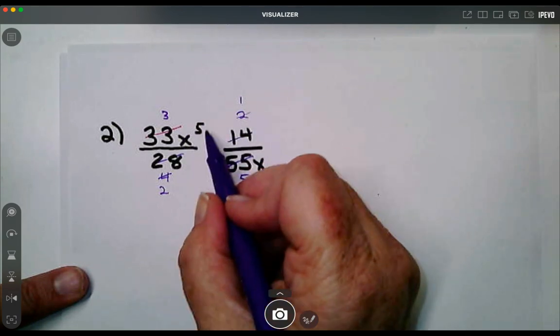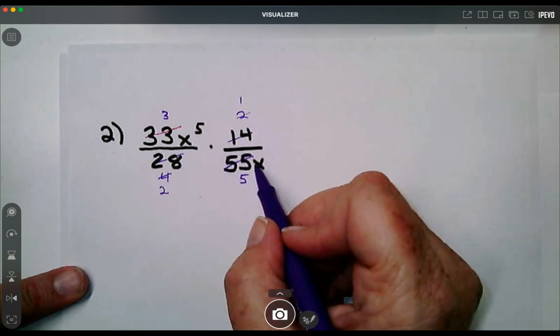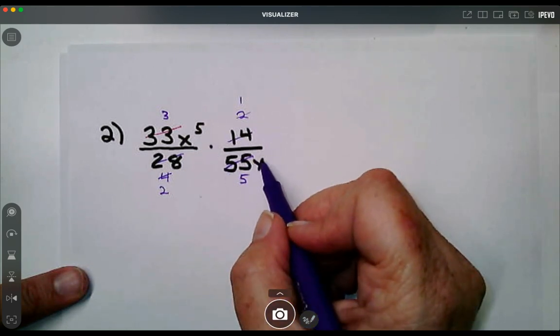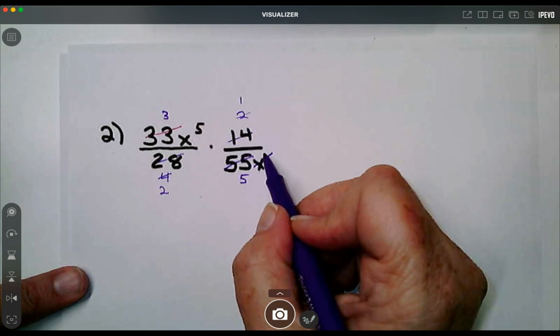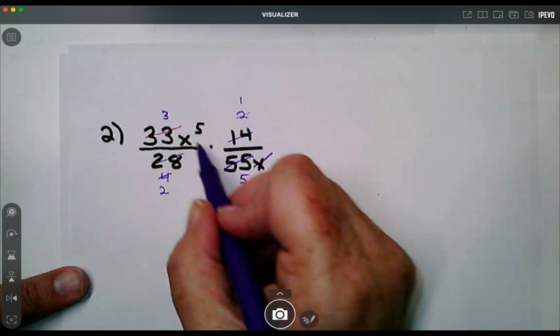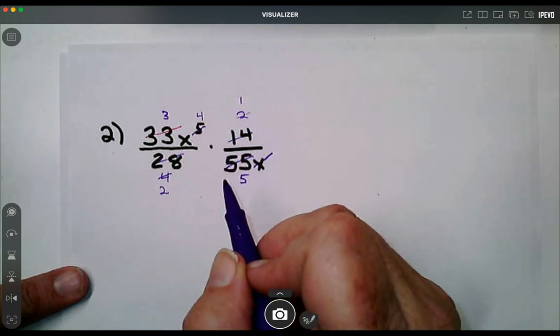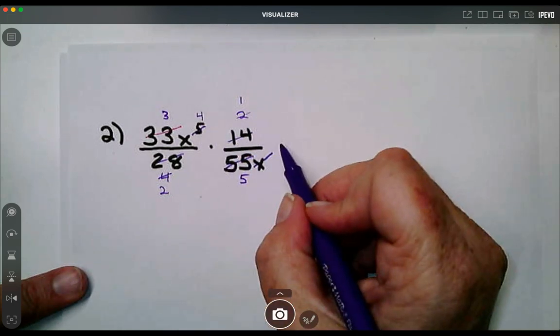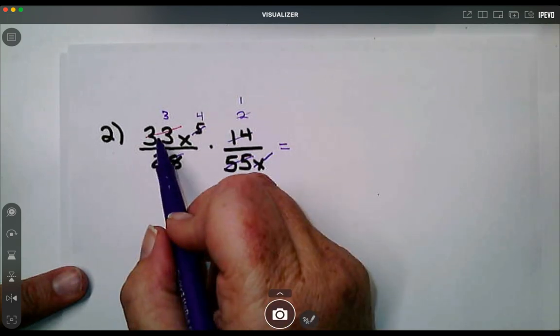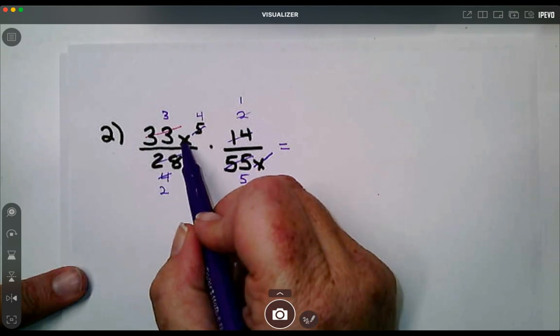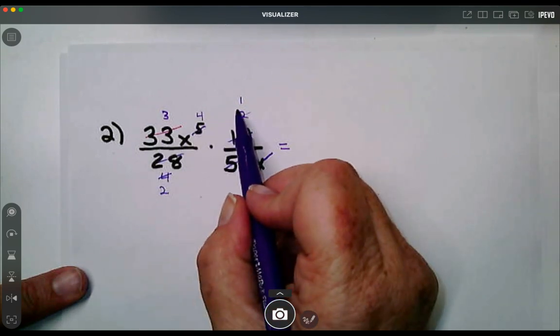What's left to deal with? I have x to the 5th and x. Well, this x is going to disappear. It's going to be canceled out by one of these x's, which will make that an exponent of 4. So now I need to be pretty careful, make sure I'm doing this right. I have 3x to the power of 4. Oh, times 1.